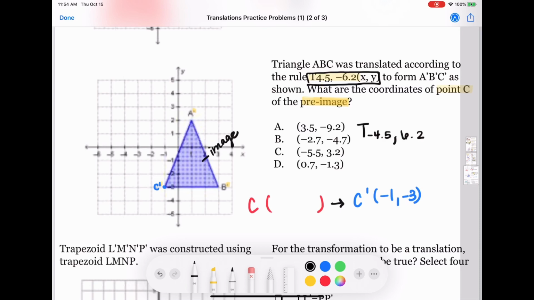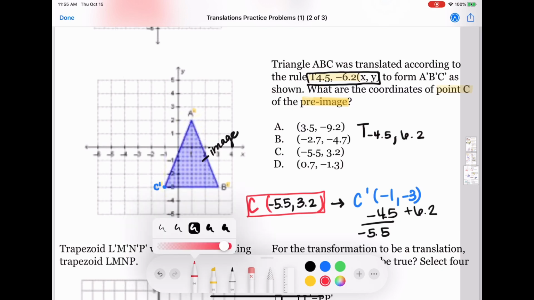So we would take -1 and subtract 4.5, which would give us -5.5, and we would take -3 and add 6.2 to give us a positive 3.2. Therefore, it's reasonable to assume that this is the location of our pre-image point C. That coordinate matches our answer choice C, and so C is our answer.